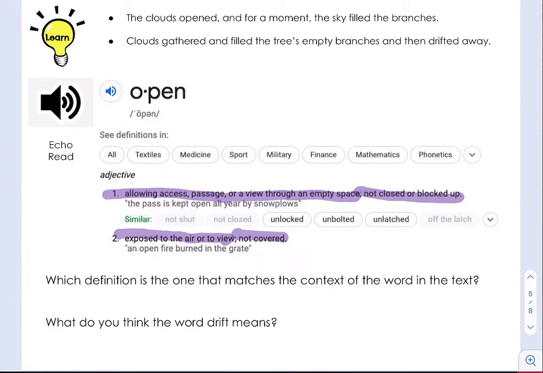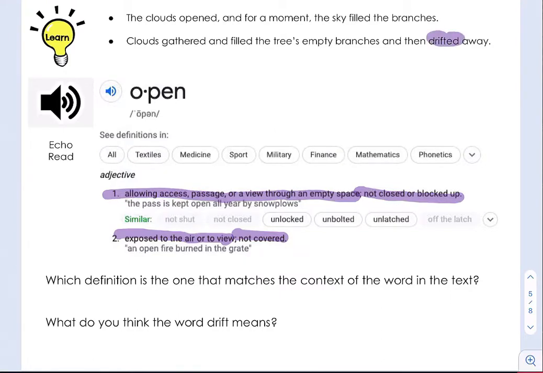Which one makes the most sense to use? Were you thinking the second one with not covered? Good.